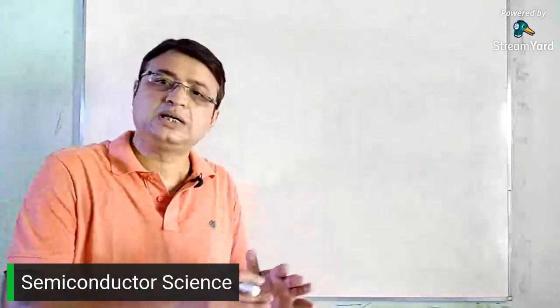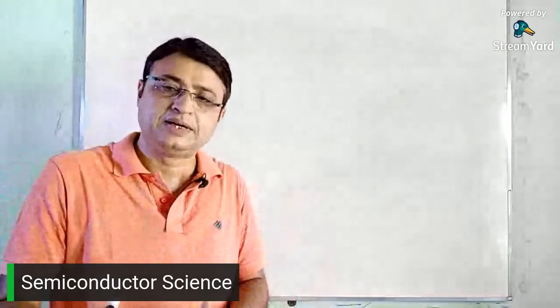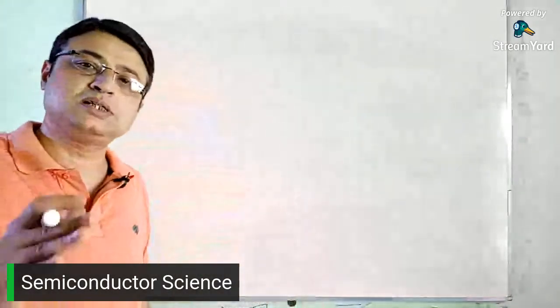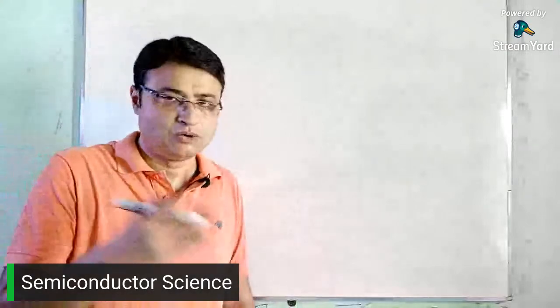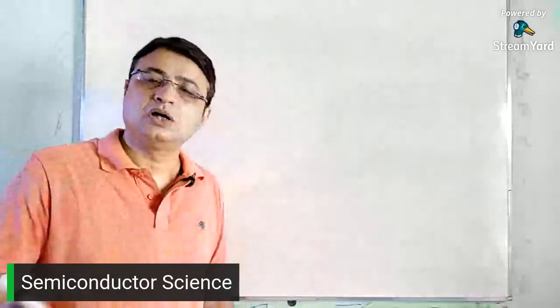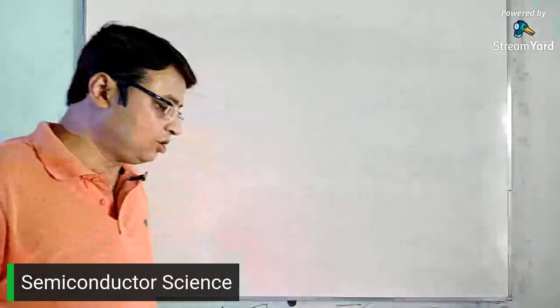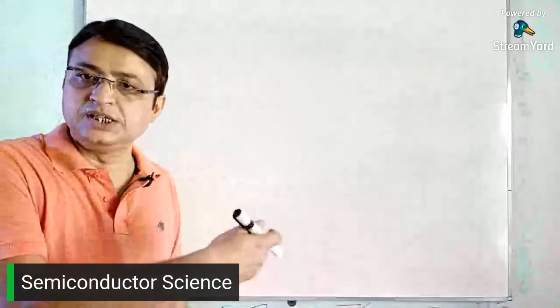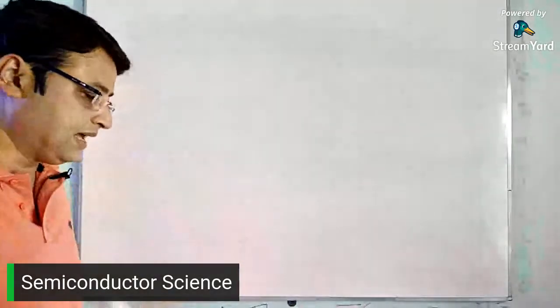So if the voltage is VF, the electrostatic potential barrier across the junction is lowered from the equilibrium contact potential V0 to the smaller value V0 minus VF.